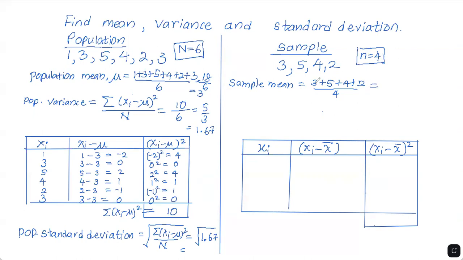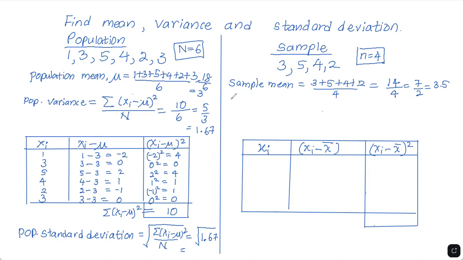And what is the mean here? 3 plus 5 is 8, 8 plus 4 is 12, 12 plus 2 is 14. 14 over 4 is 7 over 2, 3.5. That is your mean for the sample. As you can see, it is very close to the population mean.